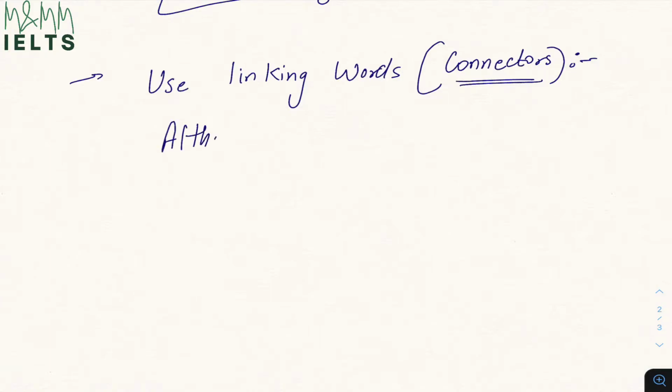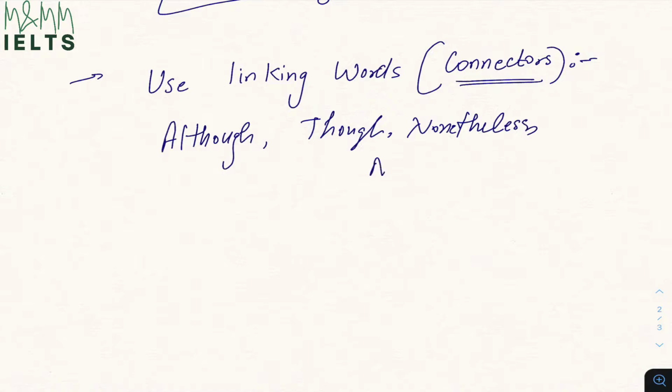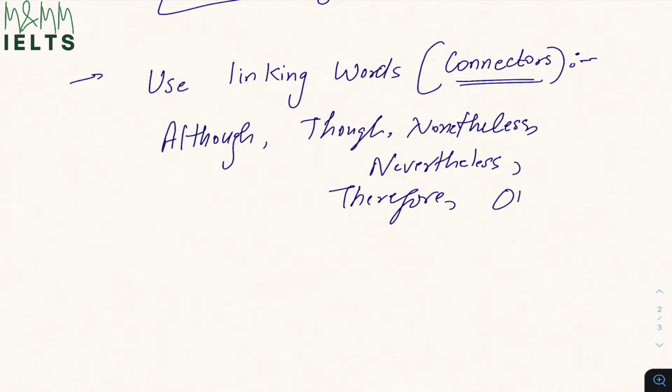I should use these words: although, though, nonetheless, nevertheless, therefore, overall. And if you're writing the final paragraph, then you can say to summarize. All these kinds of words link one sentence with another.